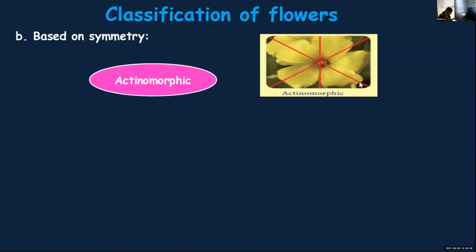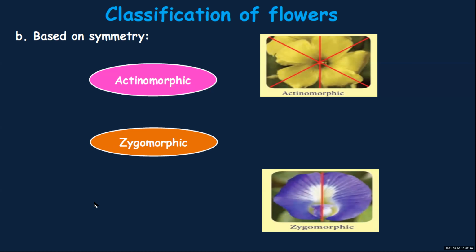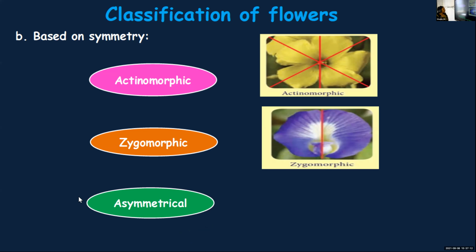Next, we are going to learn about the classification of flowers on the basis of symmetry. We can categorize flowers into three types: actinomorphic, zygomorphic, and asymmetrical.